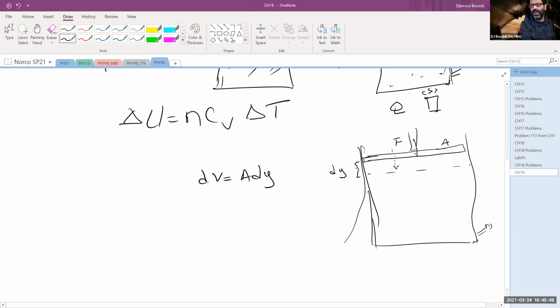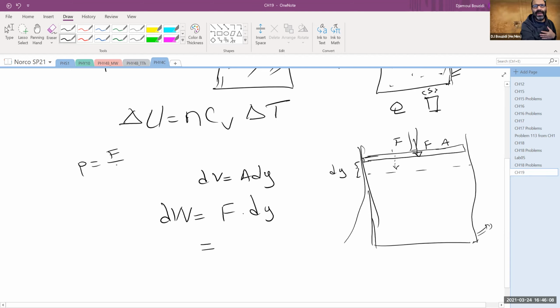Obviously, I'm pushing this way with the force F, and this corresponds to an amount of work from my part. So this is how much work I need to do. It's force times displacement. If you remember, the pressure is force over area, so that means the force is simply pressure times area.